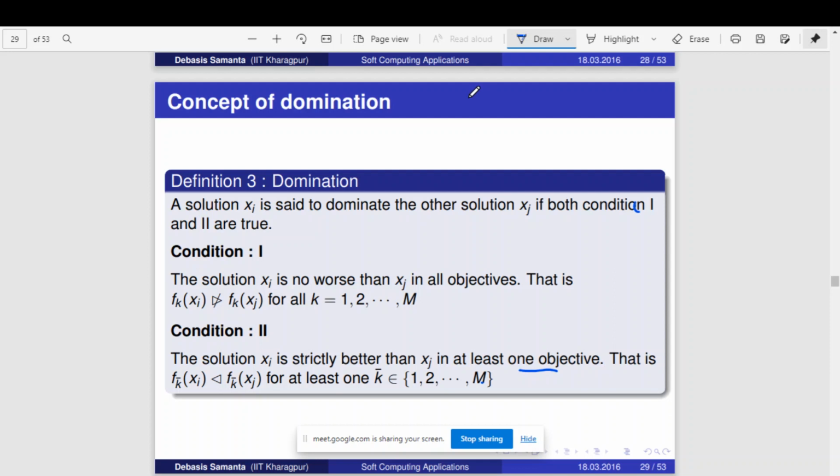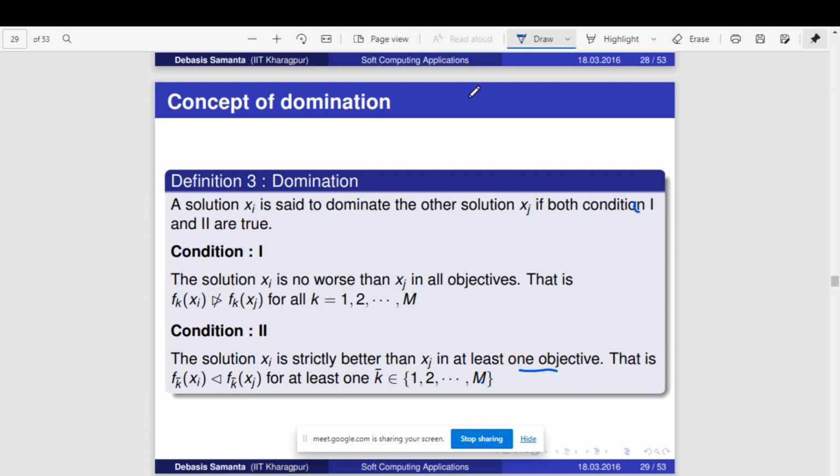When xi is less than or greater than? Are you following the question? Less than. Our objective is to minimize. Okay. So the more you minimize, that is what better, right?